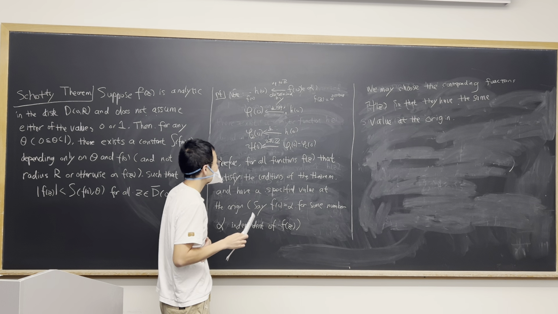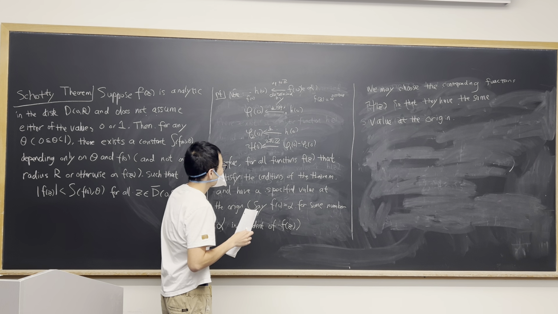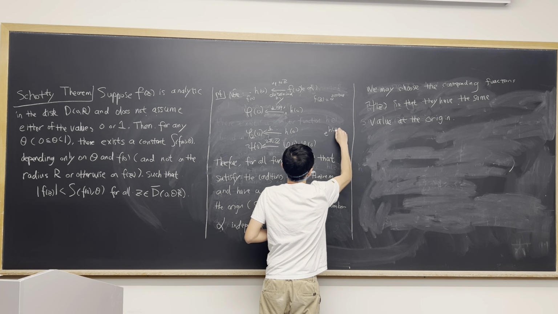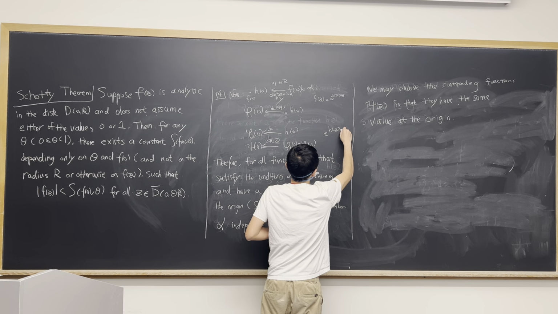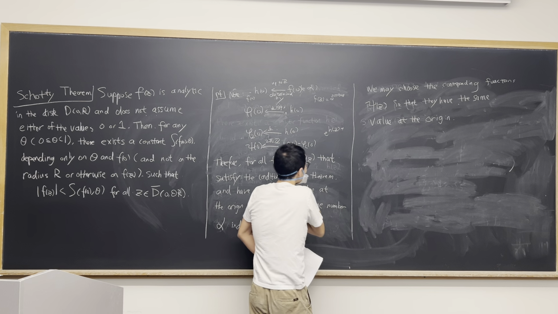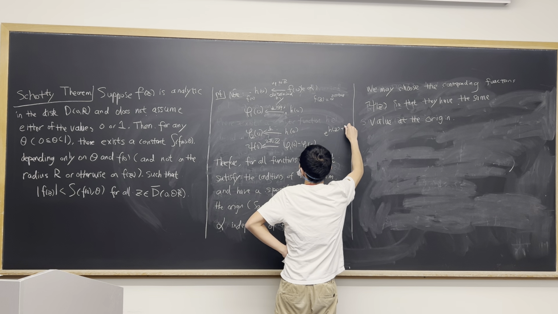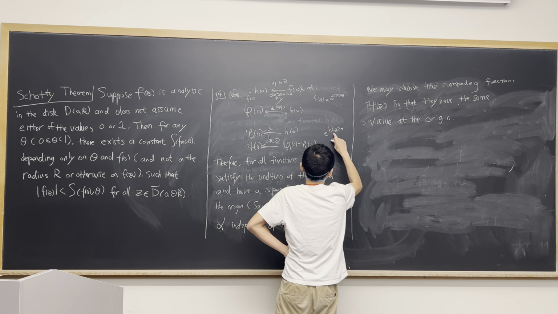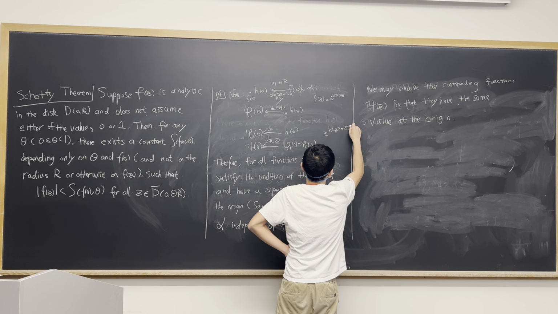If one h(z) satisfies the condition, then you can replace this h(z) by h(z) plus, in this case, 2 pi i.